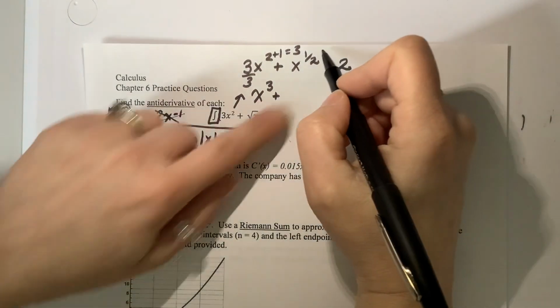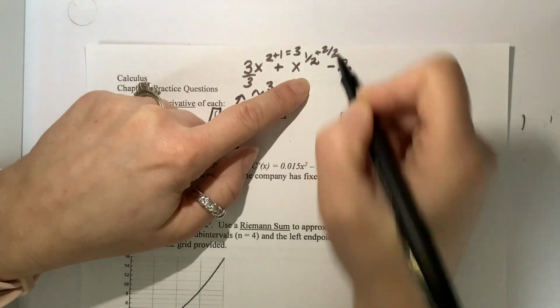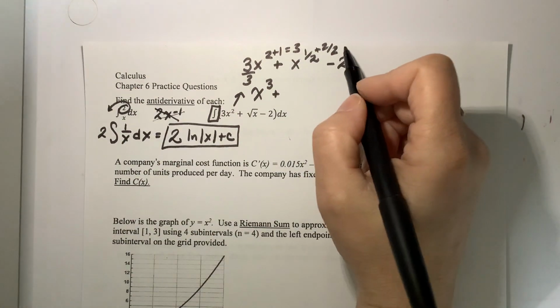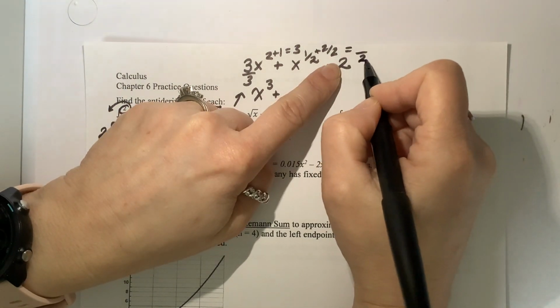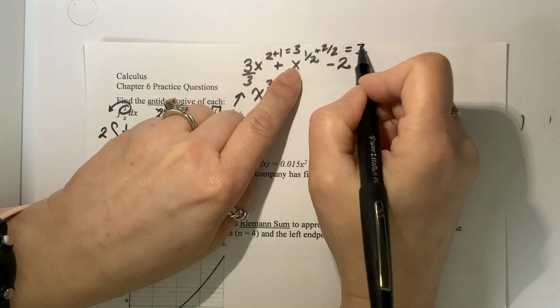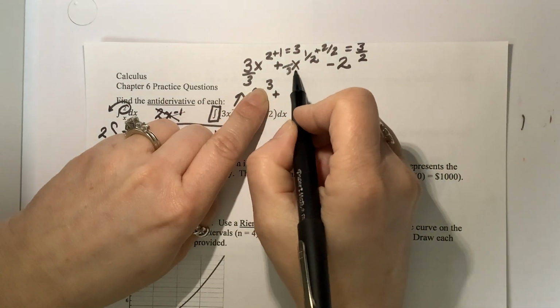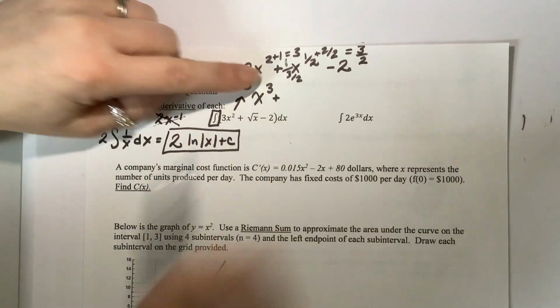If I add 1, I would actually be adding 2 over 2 because I'm adding a fraction, so you need a common denominator. When you're adding fractions, the denominator stays. 1 plus 2 gets you to 3. If I divide by 3/2, this is like a 1.